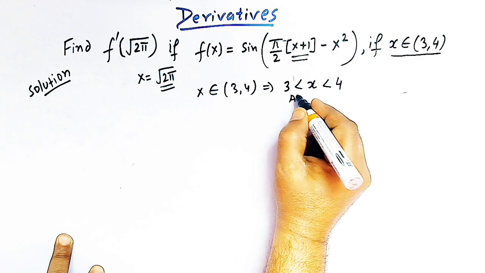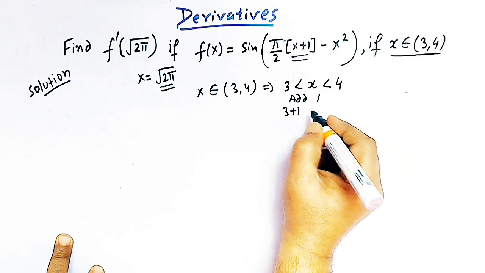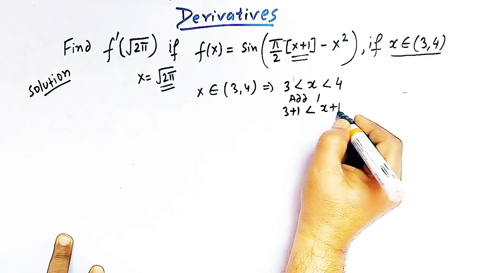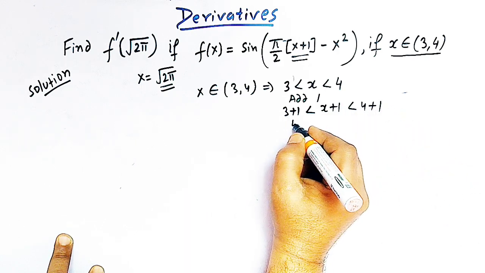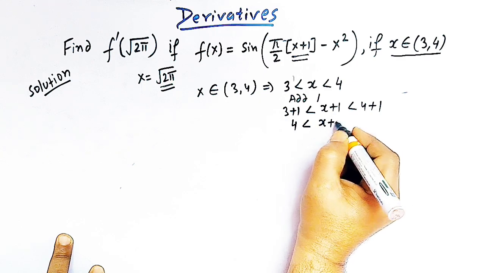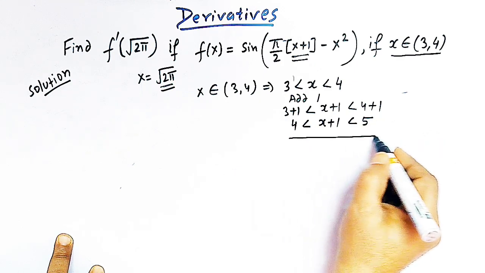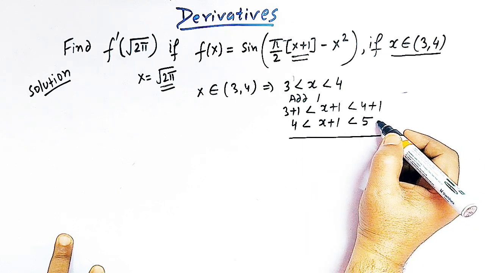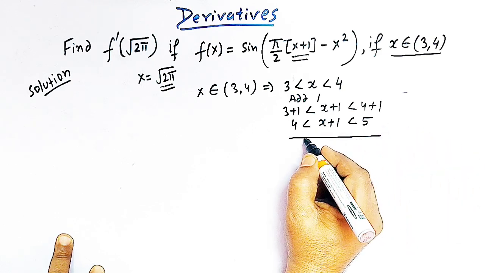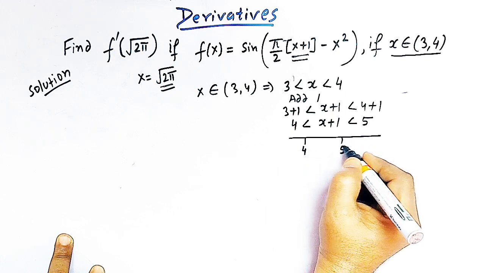So adding 1 throughout this inequality, we have 3 plus 1, then we have x plus 1, and here we have 4 plus 1. So this is 3 plus 1, 4, this is x plus 1, and here we have 5. Now see, this inequality suggests that x plus 1 lies between 4 and 5.